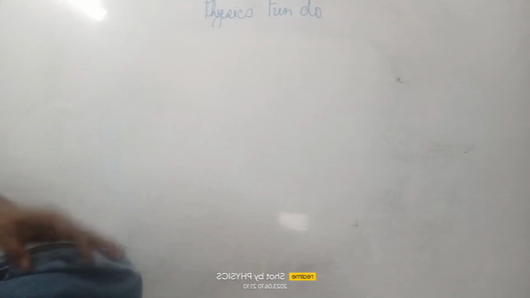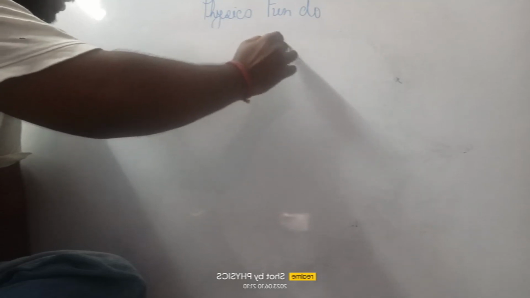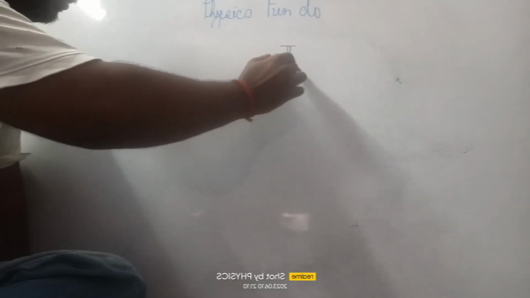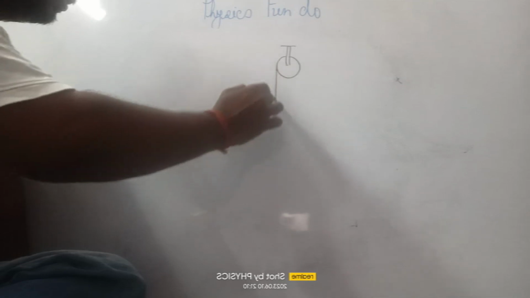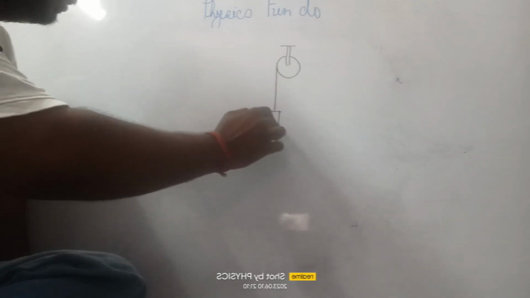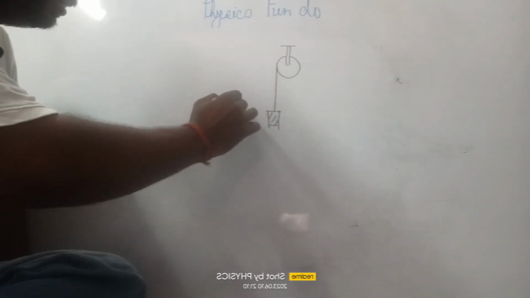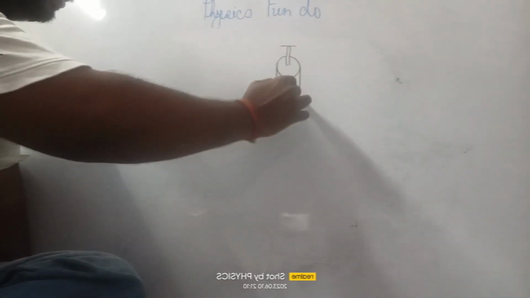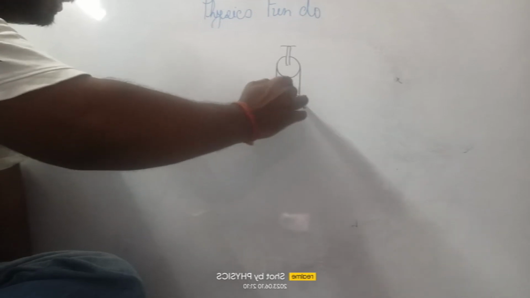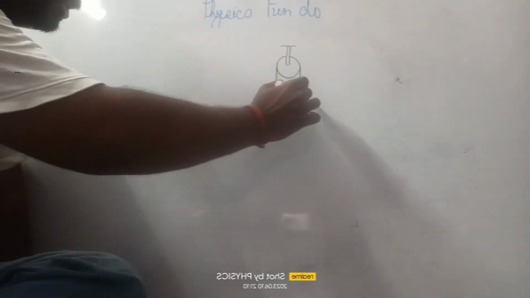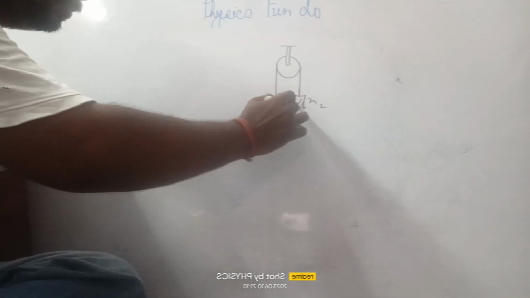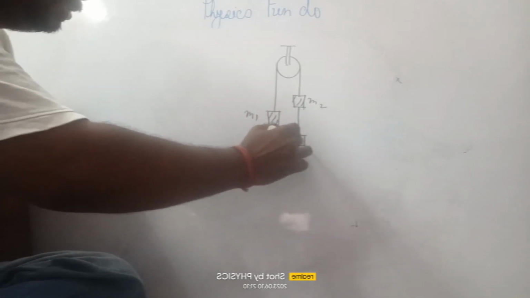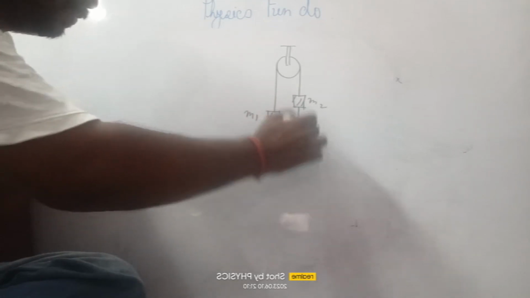Now let us take the 3 blocks for a fixed pulley case. Mass of the first block is m1. Here the mass of the second block is m2, and that of the third is m3.